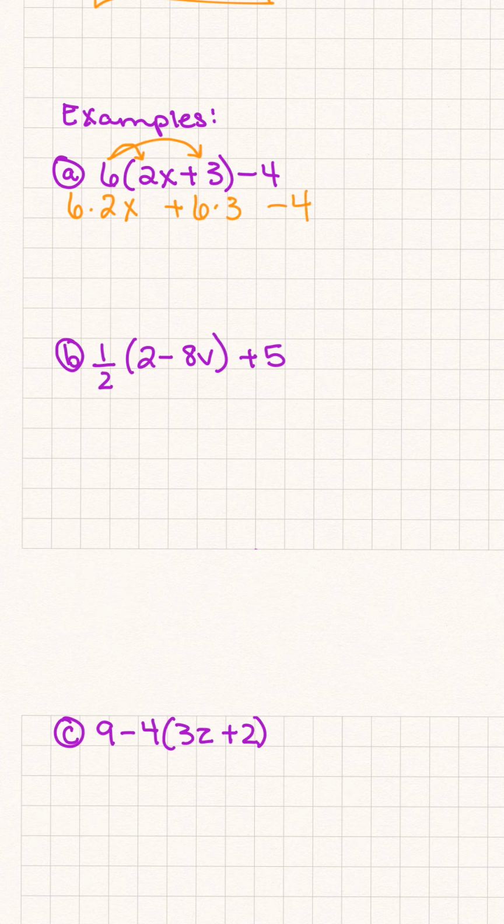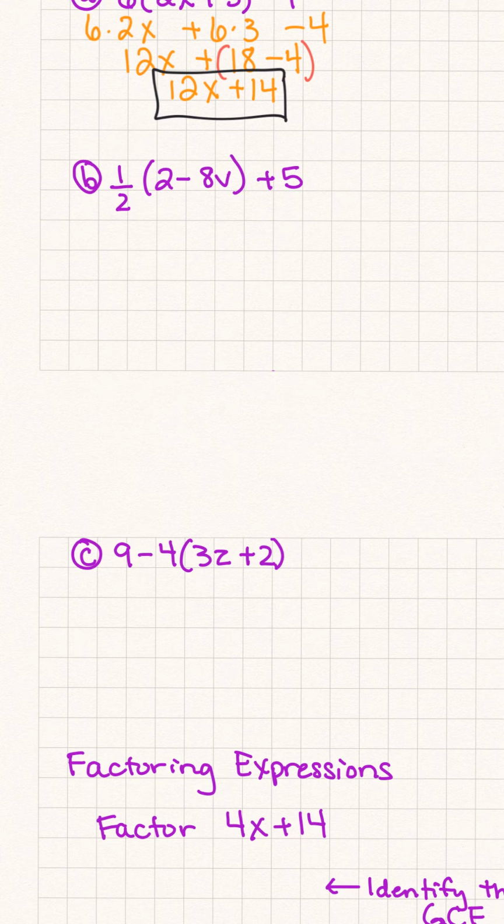So 6 times 2 is 12x plus 6 times 3 is 18 minus 4. These are like terms. Simplify: 12x plus 14. Go ahead and try the next two on your own.